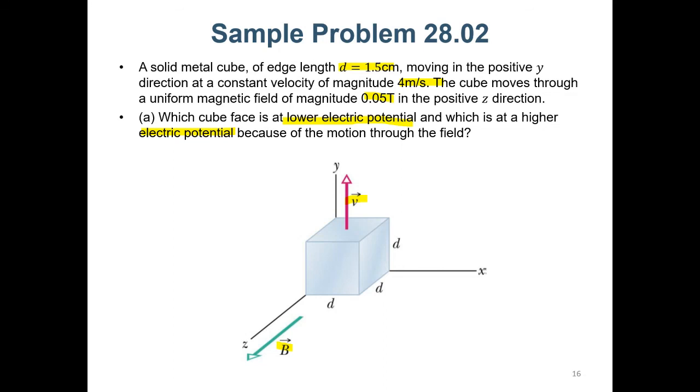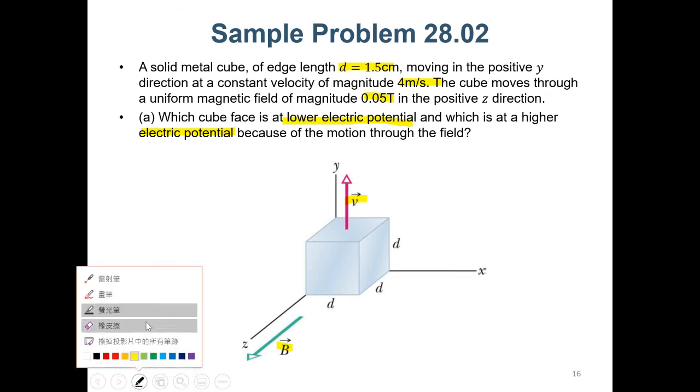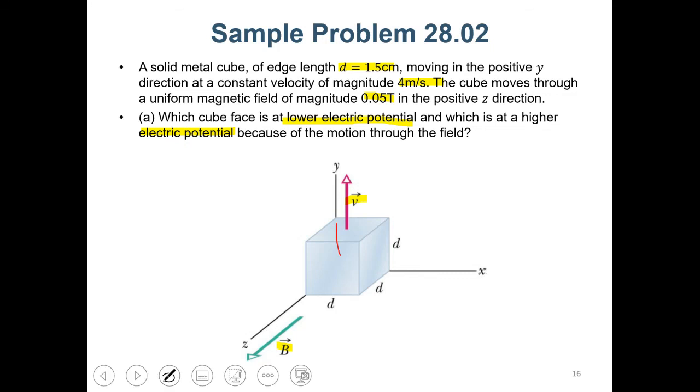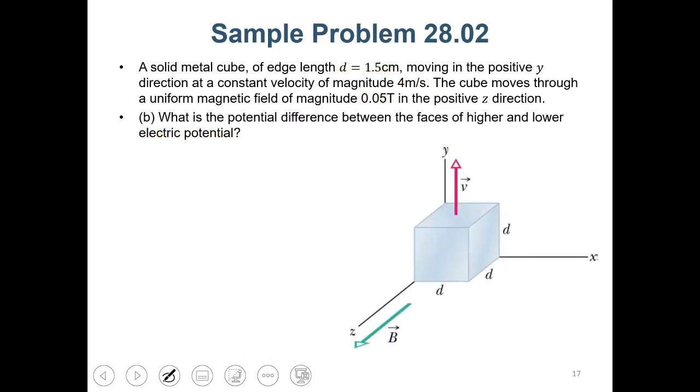So in this case, the left face will be negative charge, and the right face should be positive charge. Now, what is the potential difference between the faces of higher and lower electric potential?